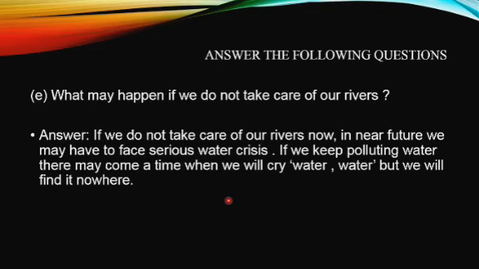If the water is polluted, where are we going to get the water to drink or to use? If we keep polluting water, there may come a time when we will cry water, water, but we will find it nowhere. So it is high time to be very careful about water pollution, and we have to minimize it in any way it requires.